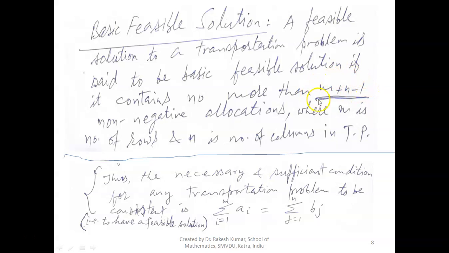If we have this much, m plus n minus 1 occupied cells or allocations in the transportation table, we say that the solution is basic feasible. If it contains fewer cells than m plus n minus 1, we say that the transportation problem has a degenerate solution. So there is degeneracy.